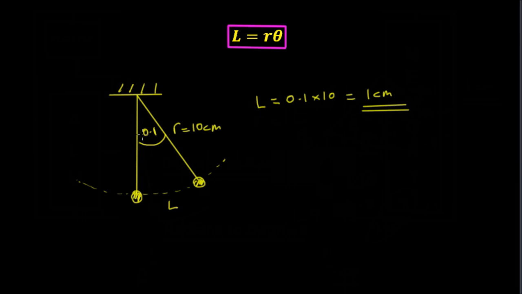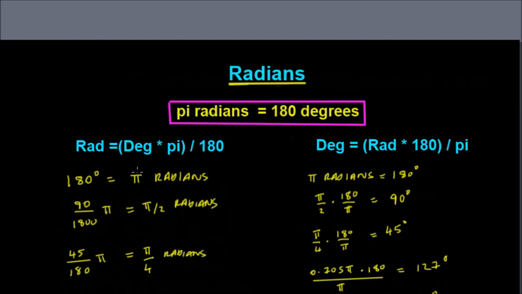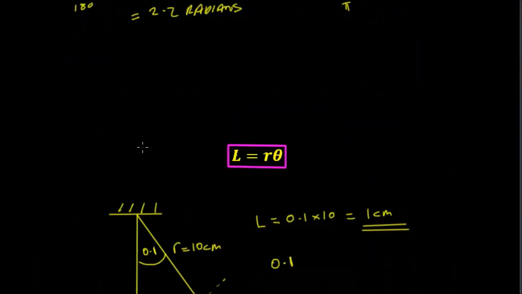So let's say it wasn't written in radians. Let's say we actually wrote this in degrees. Now we know how to change this 0.1 from radians into degrees. So if we took the 0.1, and in order to change it back into degrees, we've seen here that we can use the equation above. Okay, so what we need to do is multiply it by 180 and divide by the pi.